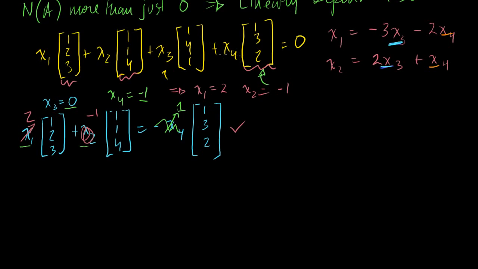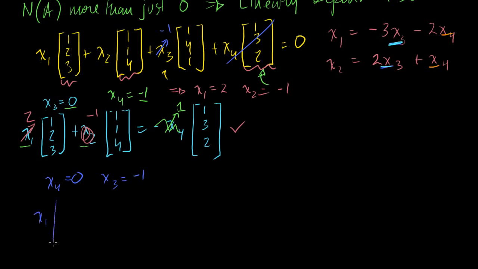Instead of setting x3 equal to 0 and x4 equal to minus 1, let us set x4 equal to 0, because I want to cross that out. And let me set x3 equal to minus 1. If x3 is equal to minus 1, what does this equation reduce to?